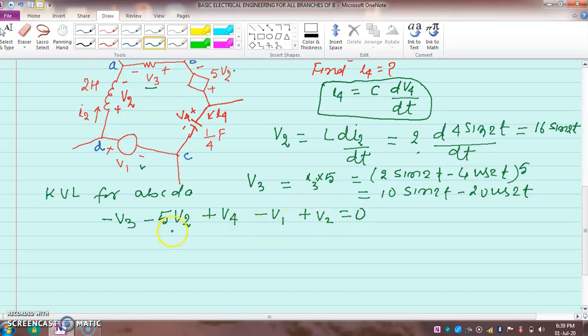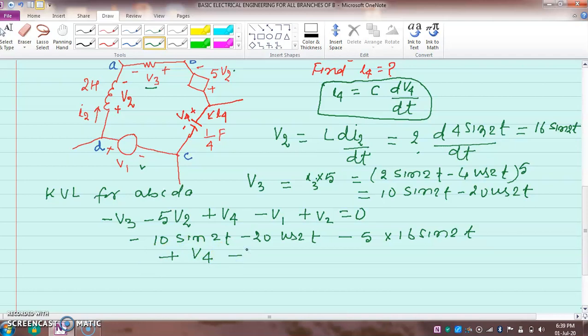This is called Kirchhoff voltage law. Now put all these values, V3, V2, V1. V3 is minus 10 sin 2t minus 20 cos 2t, minus 5 V2, V2 is 16 sin 2t, plus V4, minus V1.